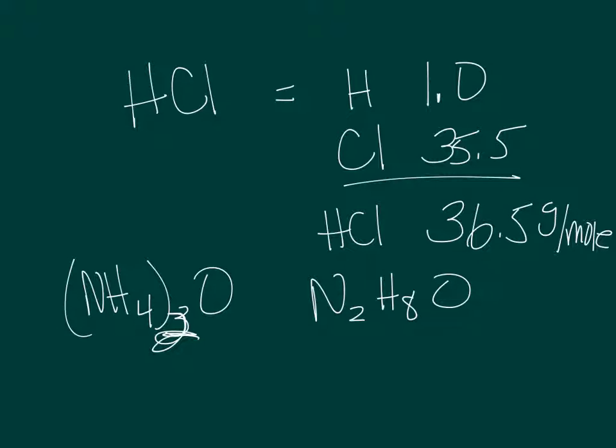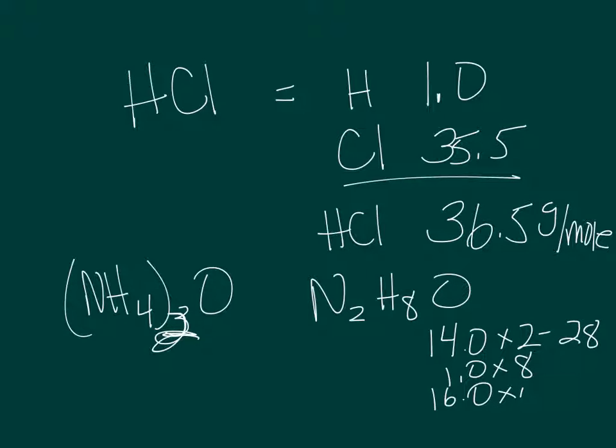So nitrogen is 14.0. Multiply that number by 2. Hydrogen again is 1.0, and I'm going to multiply that by 8. Oxygen is 16.0. There's only one of those. So 28 plus 8 plus 16, 52.0 grams per mole.